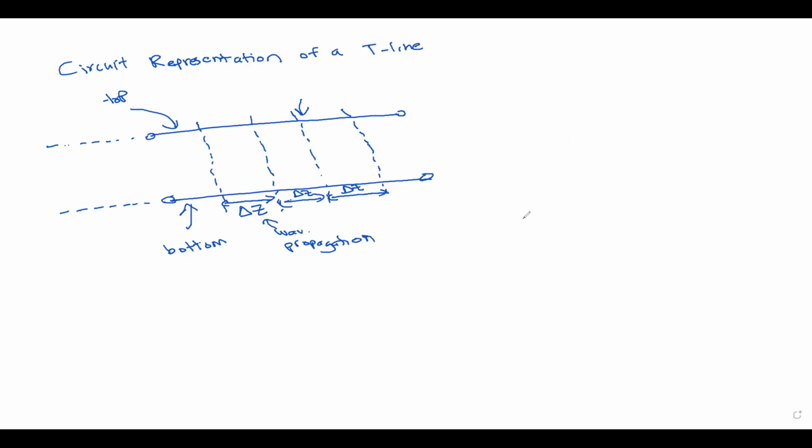So for a length of delta Z, the transmission line can be denoted by a series resistor, a series inductor, a parallel resistor, and a parallel capacitor.